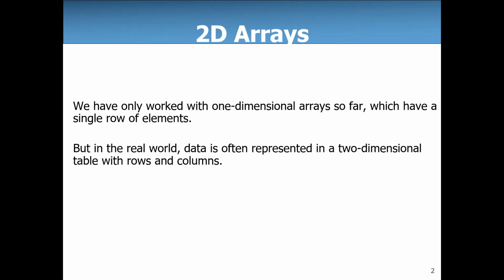In the real world, we often see that most of the data is presented in rows and columns. You can consider an example of an Excel sheet, where whatever task you are doing, you have to do it in a 2D row and column shape.